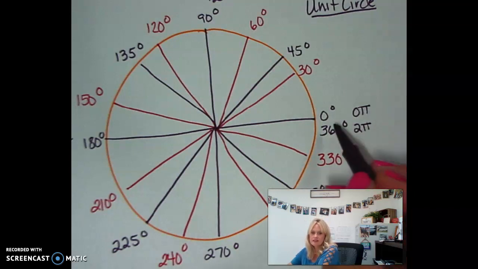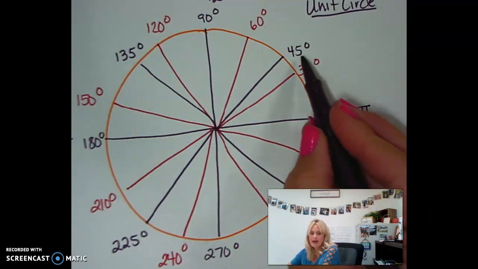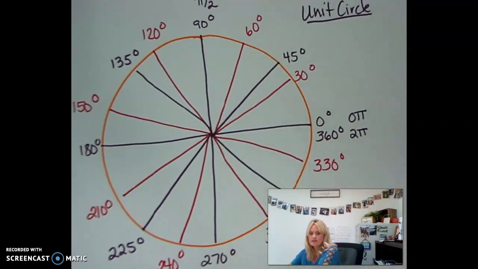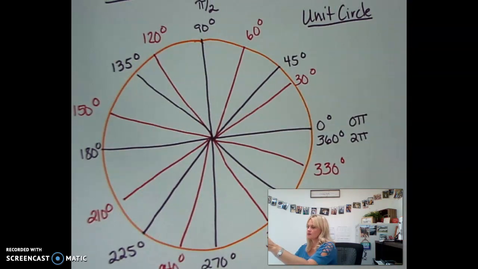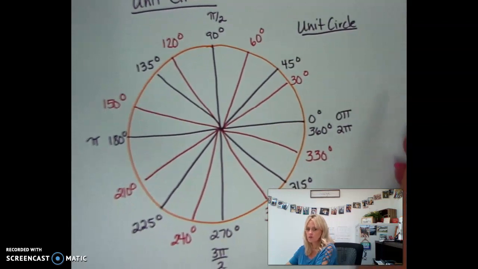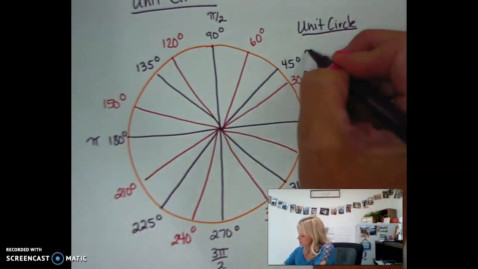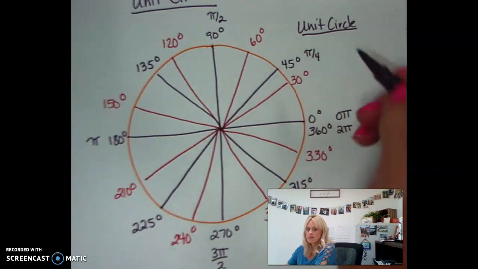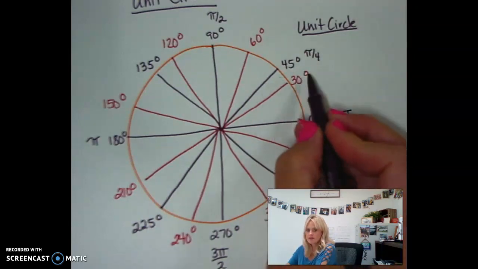Now, just like the next ones that we did, we broke up in half, or 45-degree angles. Let's think about what's half of a half. Well, half of a half is a fourth. So we're going to be splitting the 45 degrees up by fourths.